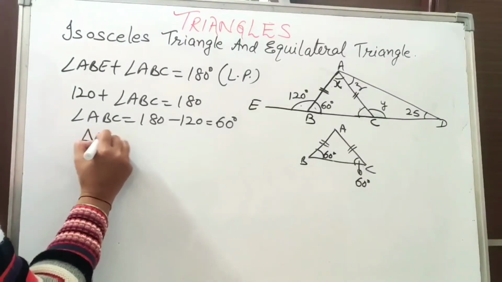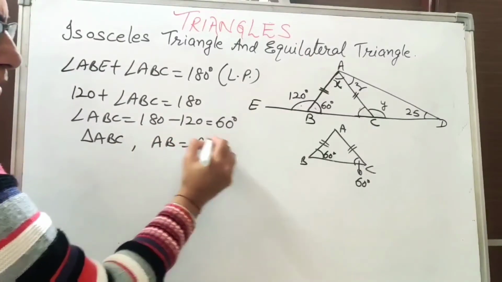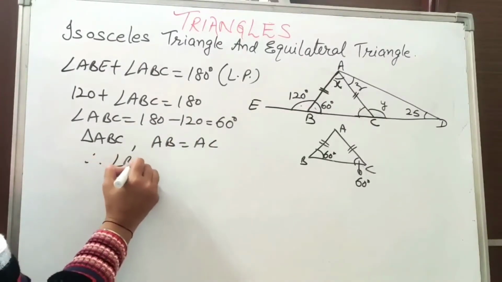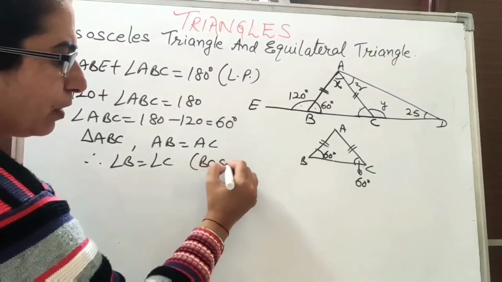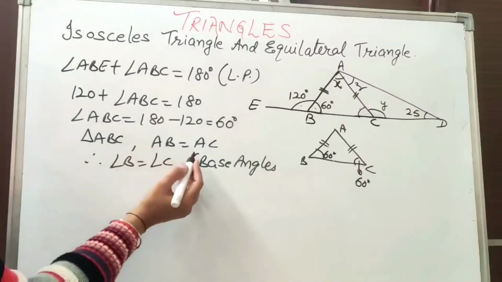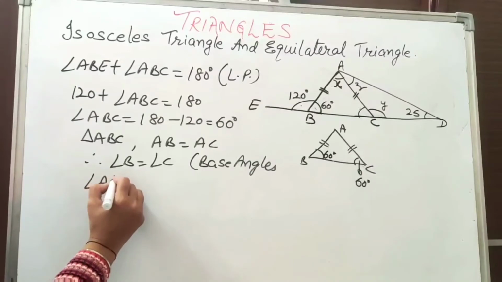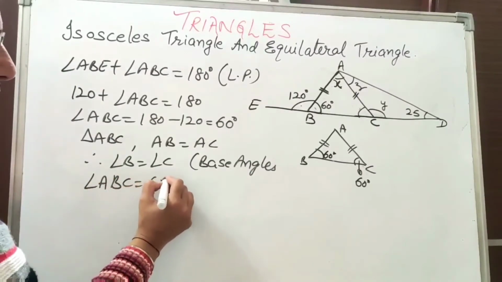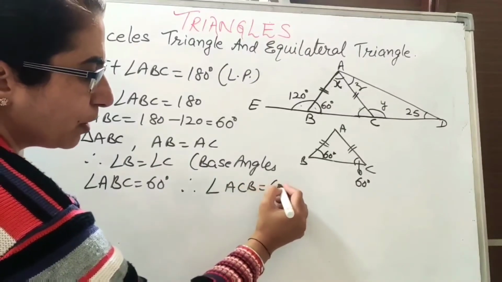So triangle ABC, where AB is equal to AC, therefore angle B is equal to angle C, base angles. So B and C both are equal. If angle ABC is 60 degrees, therefore angle ACB is also 60 degrees.